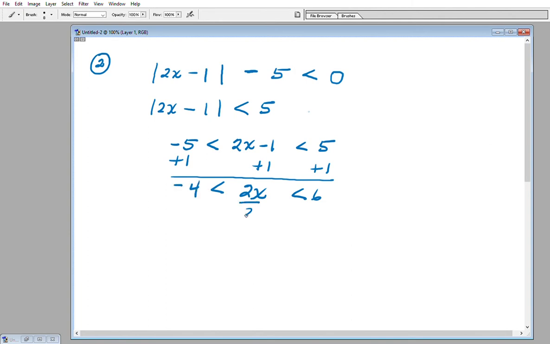And then we're ready to divide. Okay, minus 2, 3. Okay, yeah, so here we have to be careful. When you add 1, you get the minus 4 here. And this is the solution from minus 2 to 3.